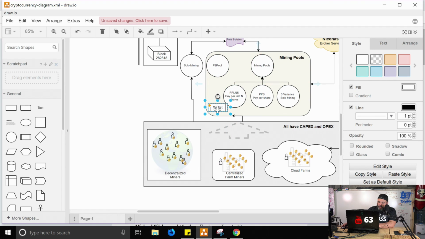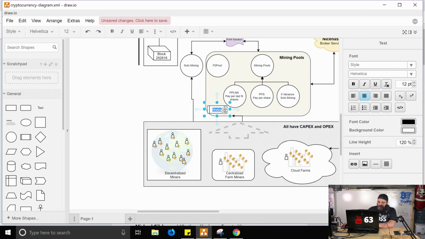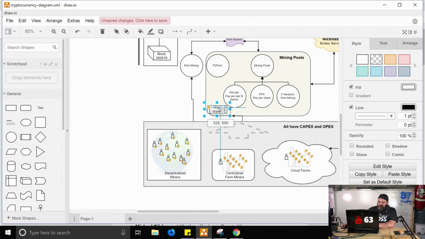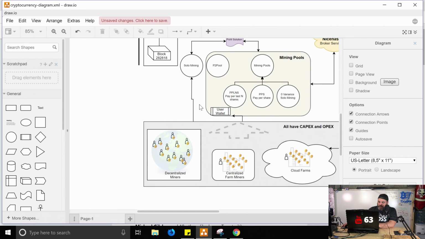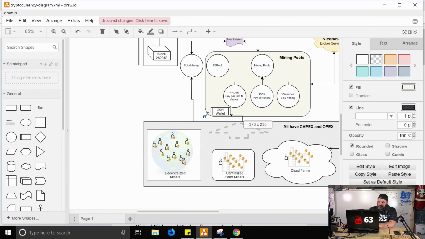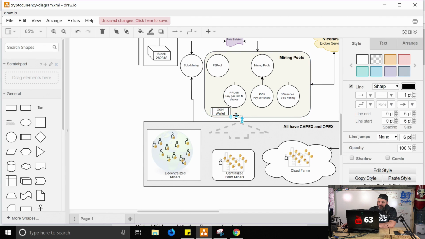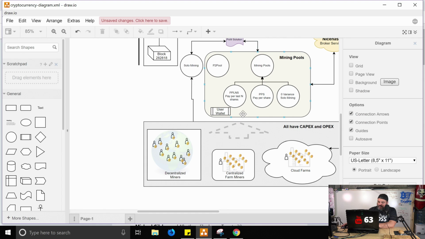So the pool wins. This is your user wallet. Let's call it user. Right. And then the pool will pay. Let's take this down. Let's delete that.